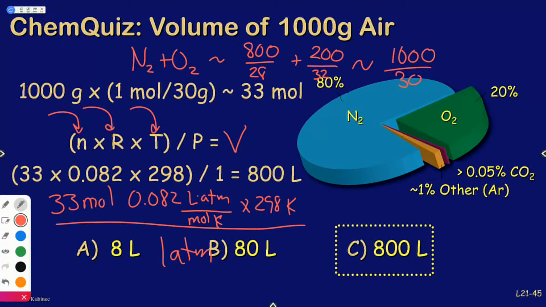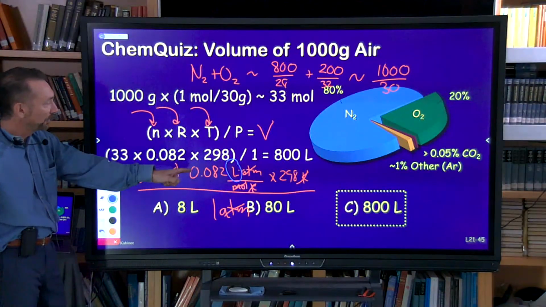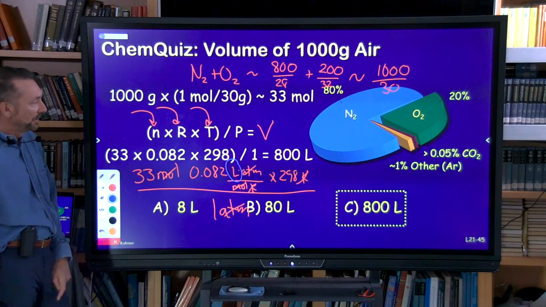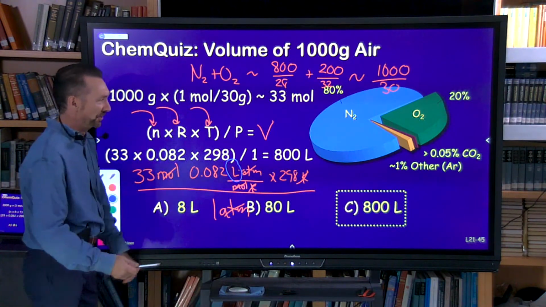And then make sure that all your units, atmospheres cancel, moles cancel, Kelvin cancel, make sure that the unit you're left with is the unit you want, volume. So that will always help you check your math. It's called dimensional analysis.